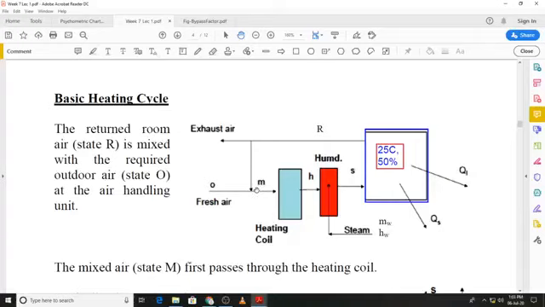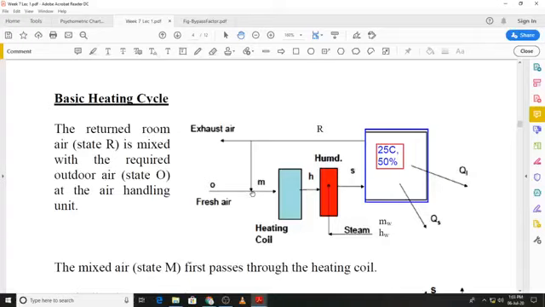Now let's again start right from the beginning. You have the supply air going into the conditioned space at a temperature and humidity ratio which is higher than the desired state in the conditioned space, to balance the latent and sensible heat losses. The space is at state R. Now that air which was supplied is returned from the room, part of it is exhausted and part is recirculated and mixed with the outside air.